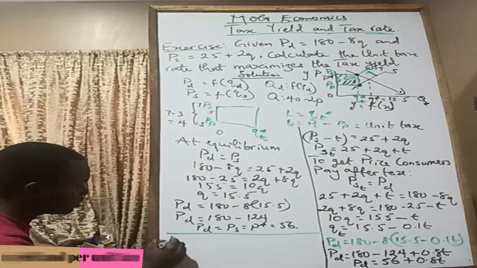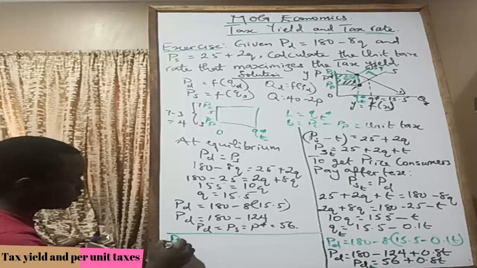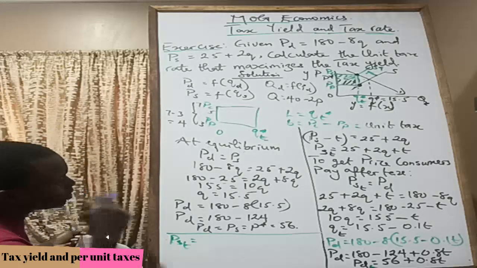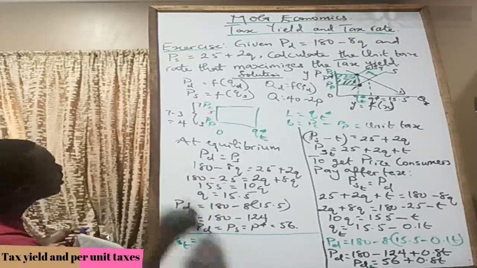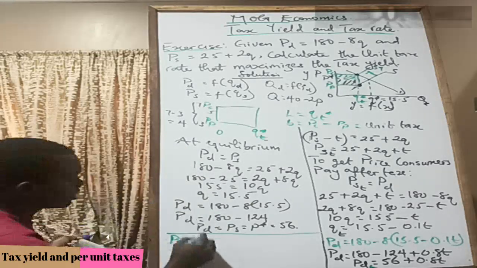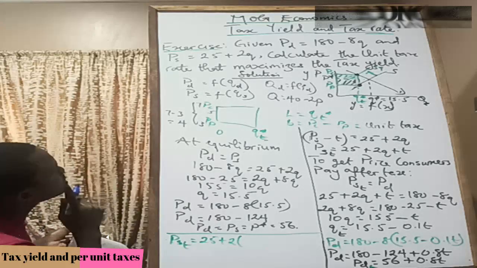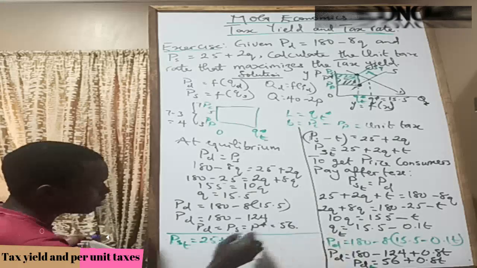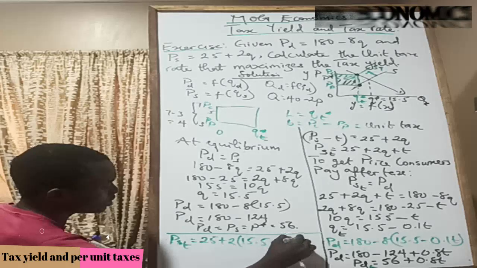Let me call that PDT, after tax. Let me call this PST, after tax. I hope I don't have PST before. Okay, it should still be the same thing. PST equals what is it? 25 plus 2 into brackets, it is 2Q, right? So we put this Q back: 15.5 minus 0.1T.